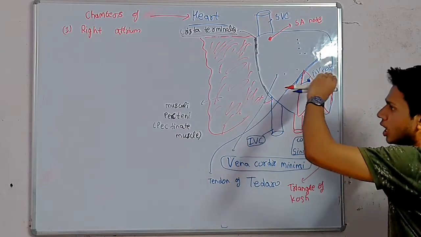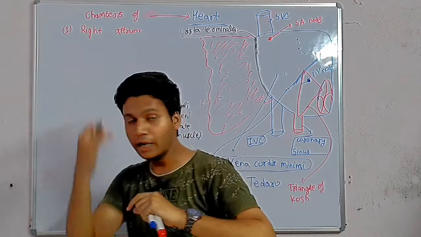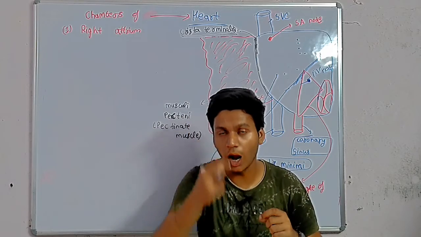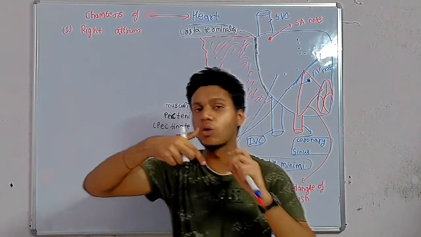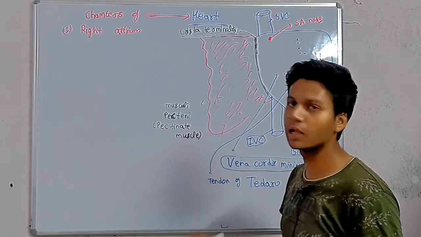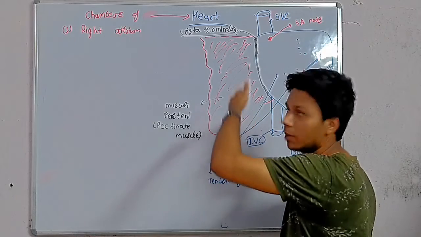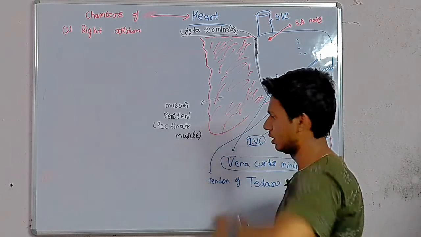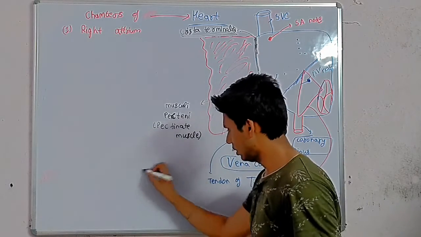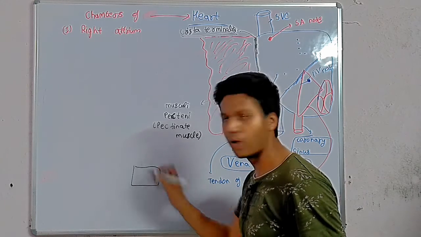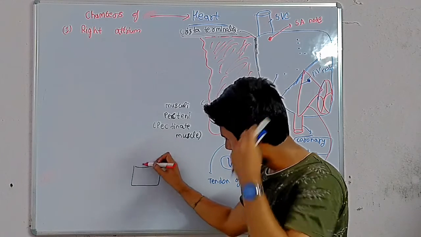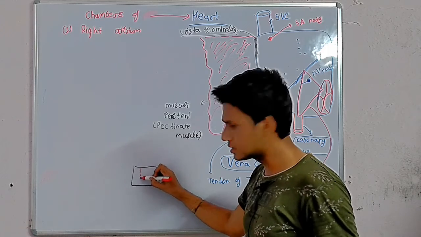If we look at the heart from outside, we find on the outer side a small rough ridge corresponding to the crista terminalis, called the sulcus terminalis. This outer margin helps to locate the crista terminalis inside. Let's say this is the wall of the heart; inside we know the crista terminalis is present.